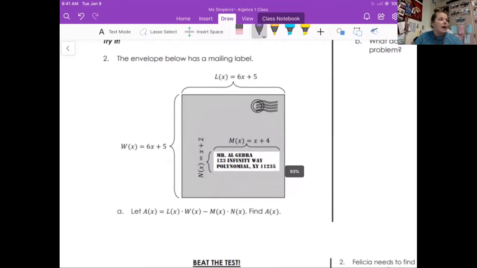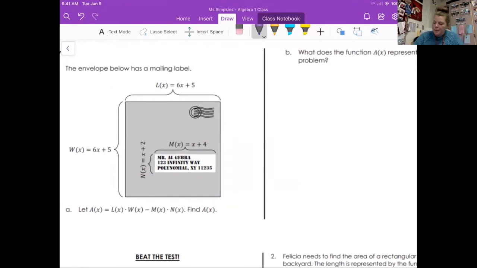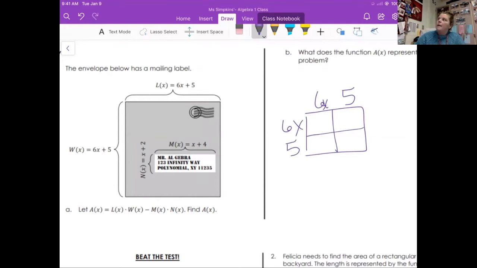So the envelope does happen to be a square because they're the same length. So we have 6x plus 5 times 6x plus 5. I'm just writing in the space because I don't have room. 6x times 6x is 36x squared. 6x times 5 is 30x. 6x times 5 again is also 30x. 5 times 5 is 25.